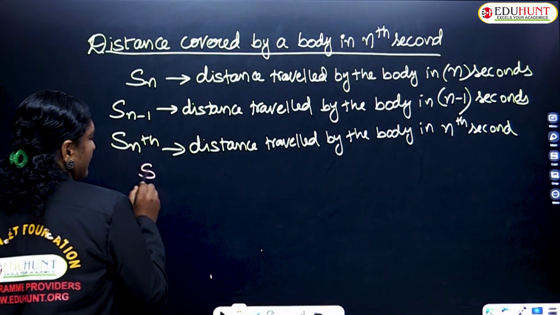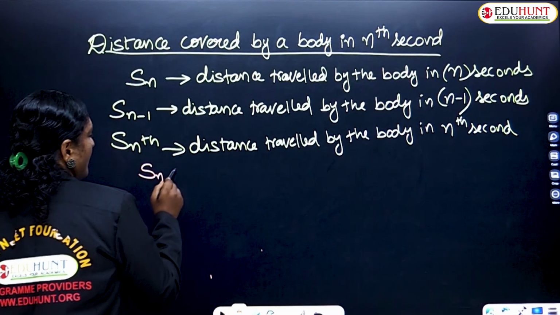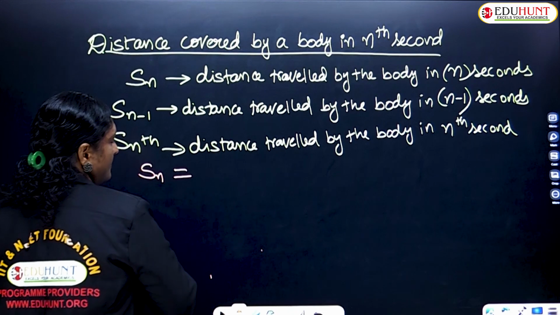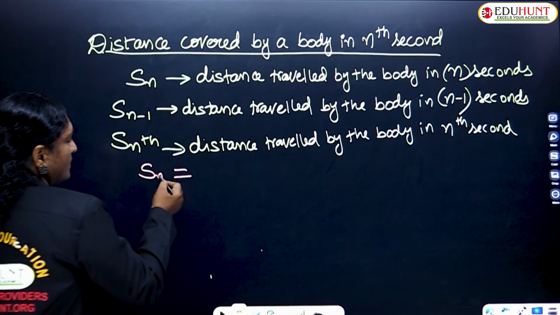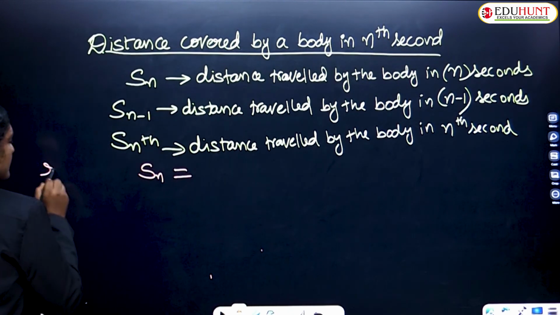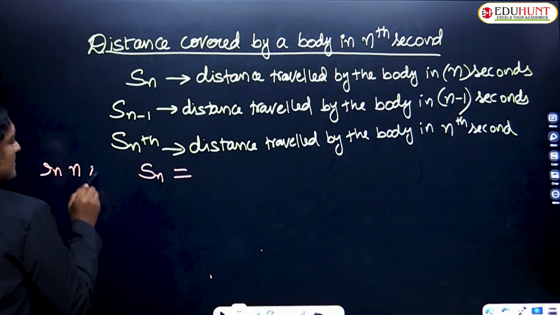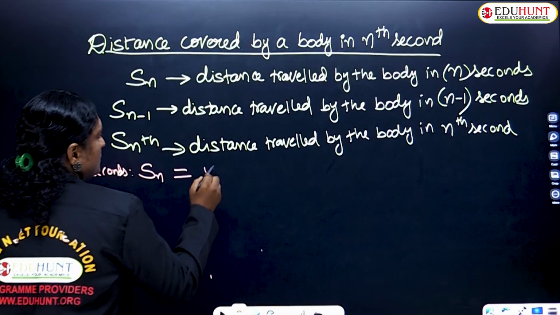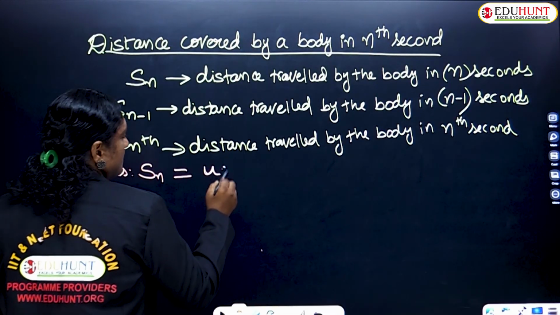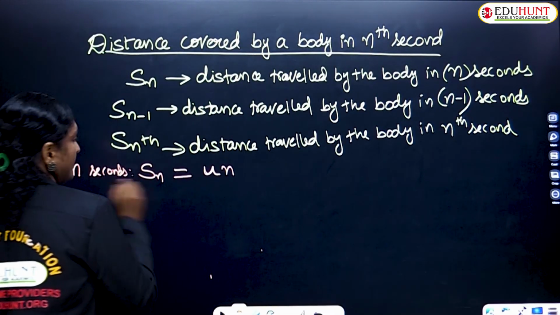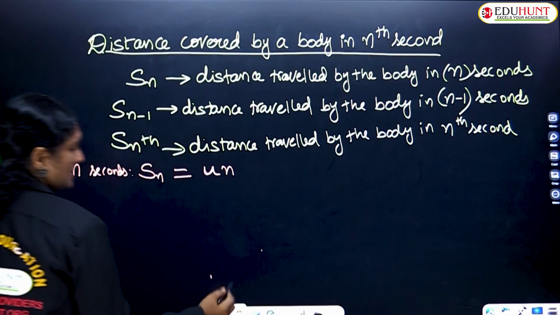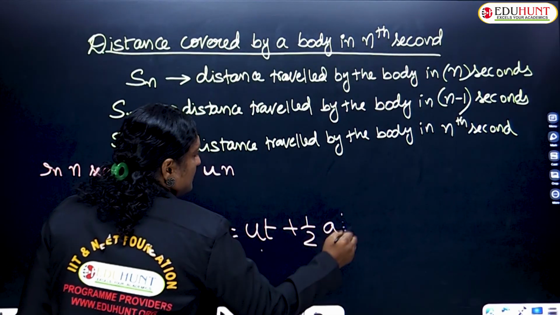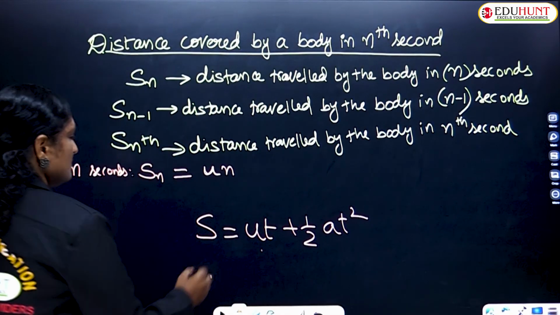So clearly the distance traveled in n seconds is given as Sn, just a notation. In n seconds, instead of t, n: S equals ut plus half at square, this is for t seconds.